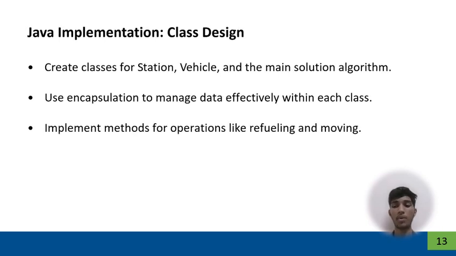Java implementation: class design. In Java, we create three main elements: a station class to store position and fuel, a vehicle class to store current fuel and position, and a main algorithm class to compute minimum refueling stops. Encapsulation keeps code clean and easy to modify.